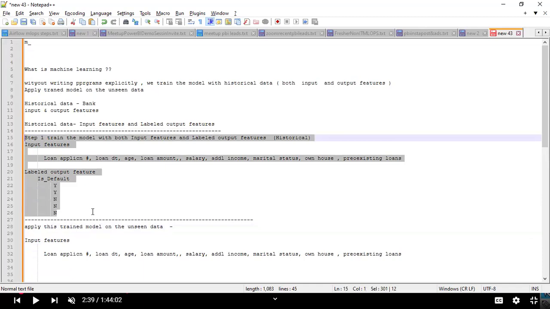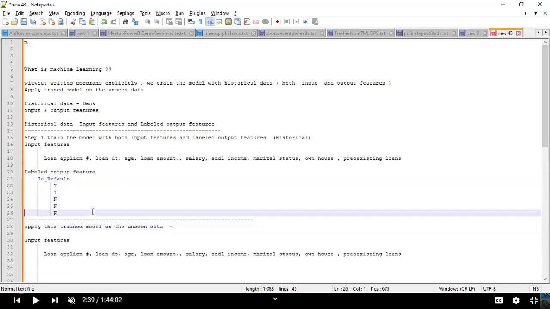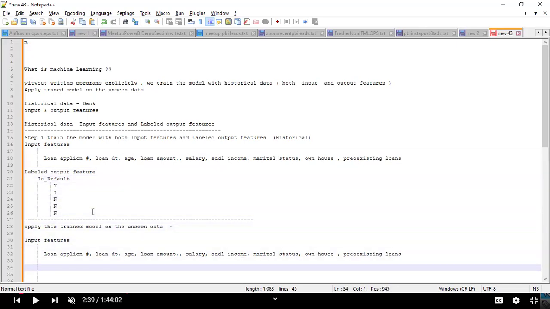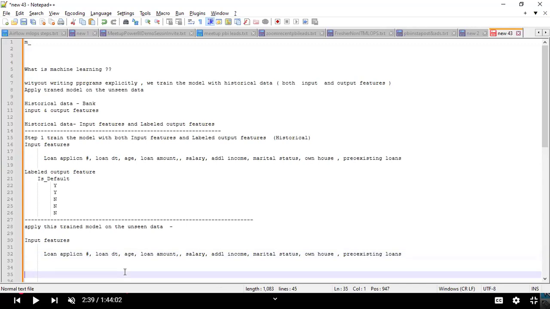This is what you trained your model on. Next, you apply this trained model on the unseen data. Let's say a new customer applies for a loan. You apply the trained model on this unseen data, and the model has to predict the default based on the patterns it learned from the past.